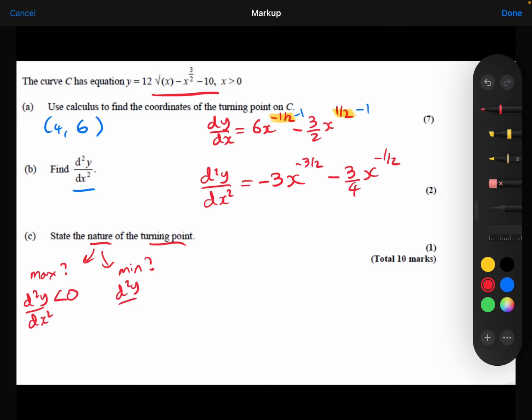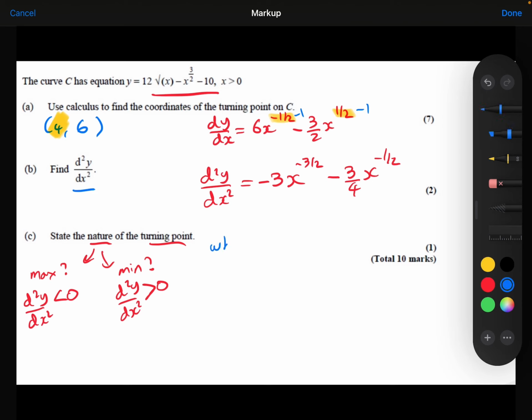Whereas if it's a minimum, the second derivative would be positive because it's about to start going up if it's a minimum. So let's see, at our stationary point when x equals 4, is our second derivative positive or negative?